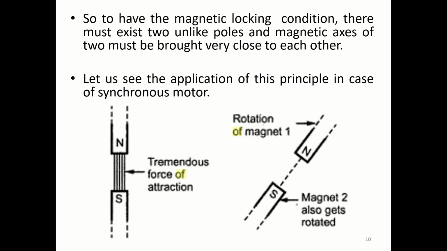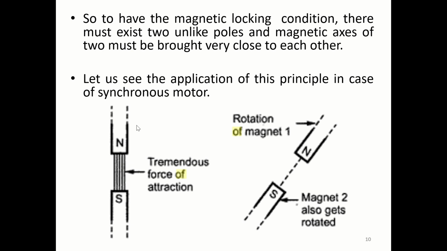Here you can see the stator poles and rotor poles are unlike poles. When these two poles come together, a tremendous force is generated, and they attract each other and make a magnetic lock condition.